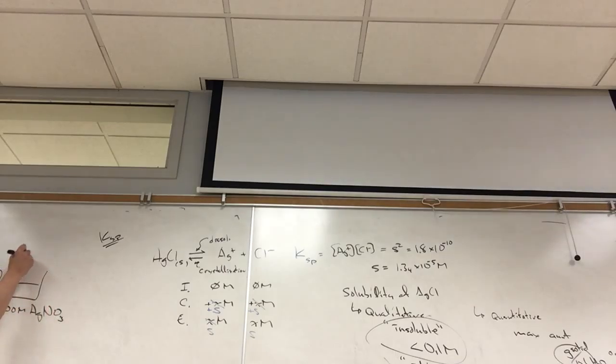And I'm going to add some chloride to this to precipitate it out, maybe as sodium chloride. And so if I have 0.100 molar silver nitrate here, I want to precipitate out all the silver ions.